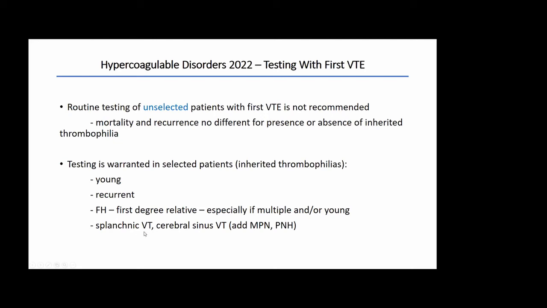clots in weird places. And by splanchnic is meant hepatic vein, portal vein, splenic vein, mesenteric vein thromboses, cerebral sinus vein thromboses.